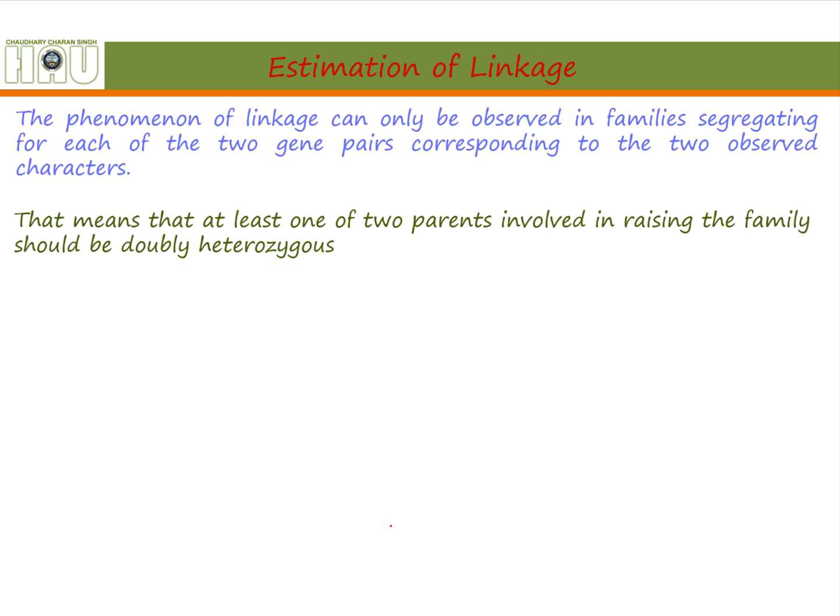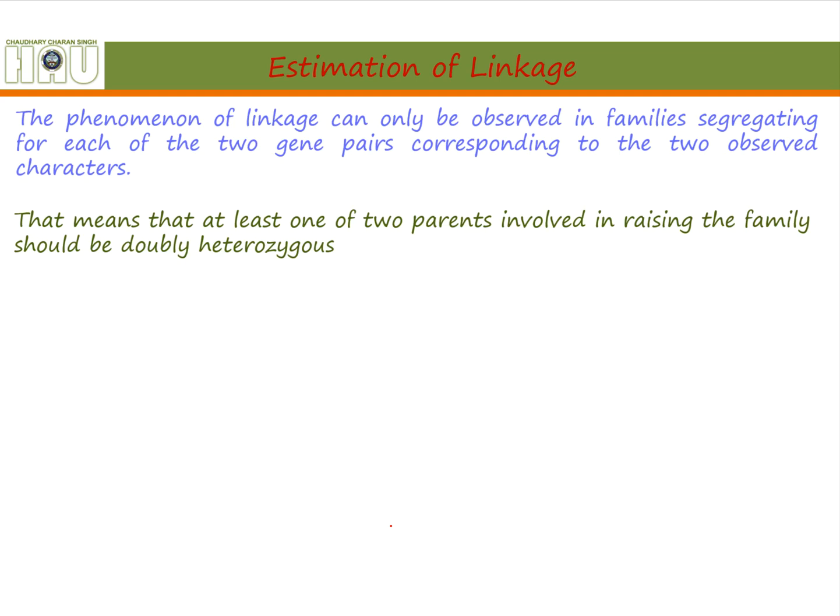Now, this heterozygosity is very much essential. If parents say capital A, small a, B, B, which is partially heterozygous, and the other parent is small a, capital B, small b, which is again partially heterozygous, linkage cannot be observed.